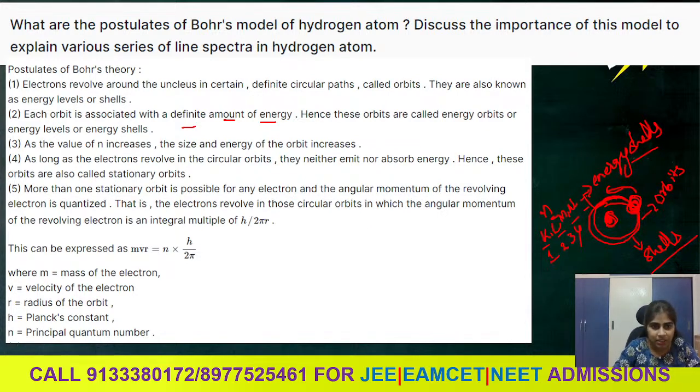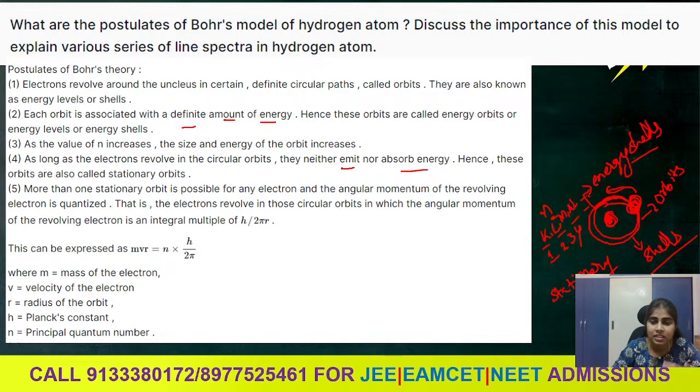Next, as long as the electron revolves in the circular orbits, they neither emit nor absorb energy. It means if the electron revolves in its own orbit or path, it does not absorb or release any energy. That's why they are called stationary orbits.